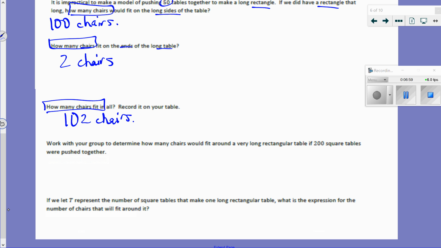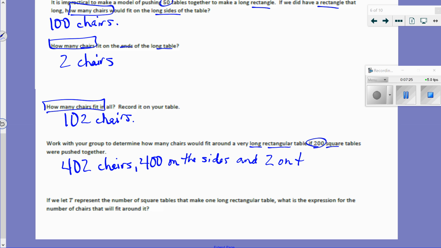Work with your group. How many would fit a very long rectangular table if 200 square tables were pushed together? 402. Okay. 402 chairs. 400 on the sides. And 2 on the ends.